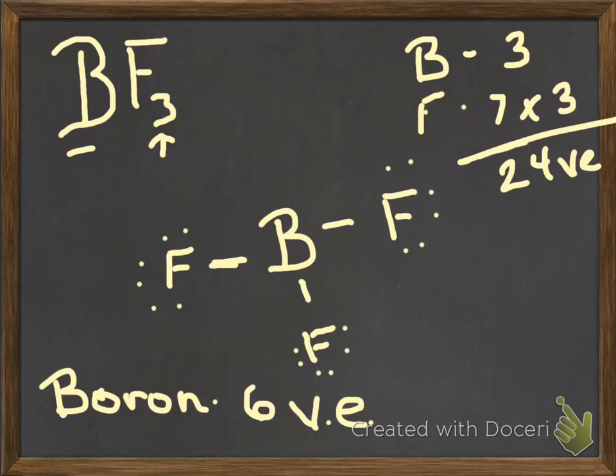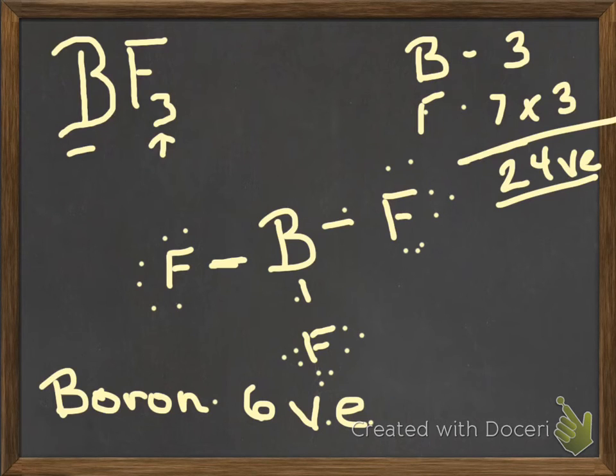So now that we've got this structure with everything in its most stable form, let's count up how many electrons we've used. So we've used 2, 4, 6, 8, 10, 12, 14, 16, 18, 20, 22, 24. All right, so we've used 24 valence electrons, and I put some extra dots in there. But this would be our correct Lewis dot structure.